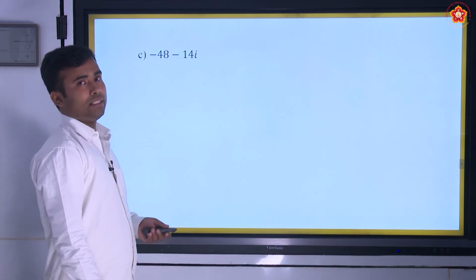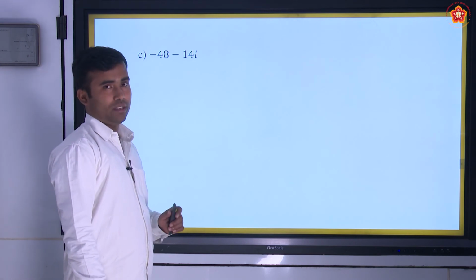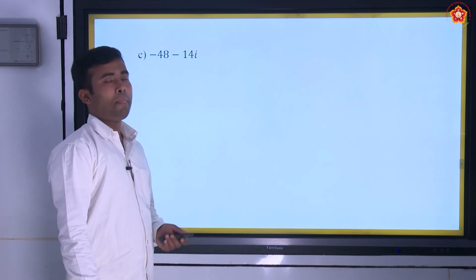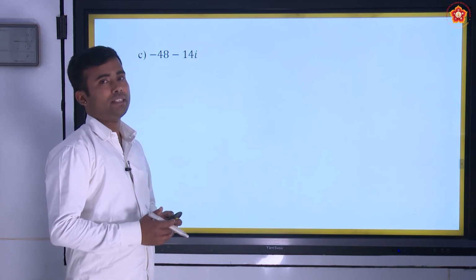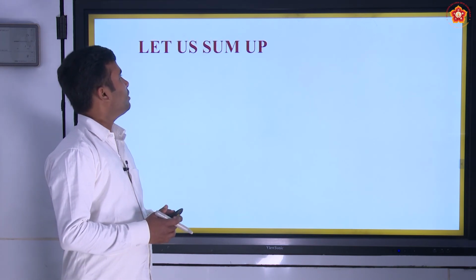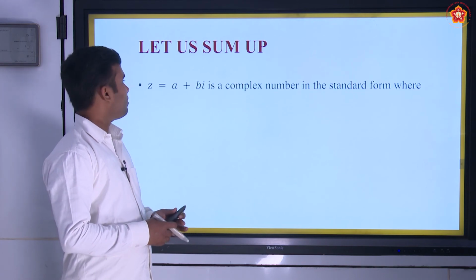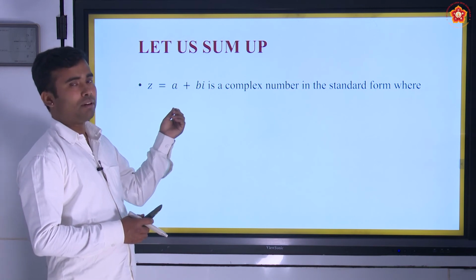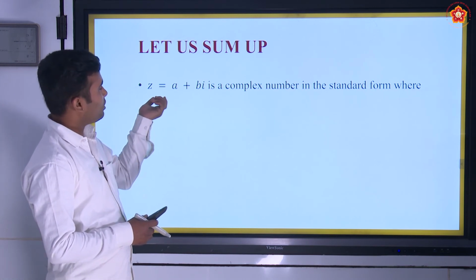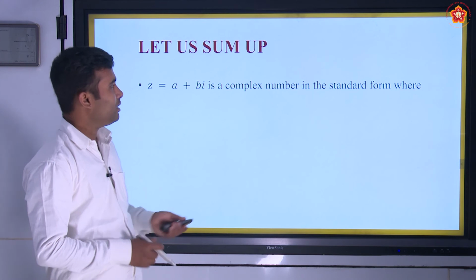This completes the chapter complex number, and let us sum it up. What have we studied so far? We know that we can represent a complex number z is equal to a plus bi.